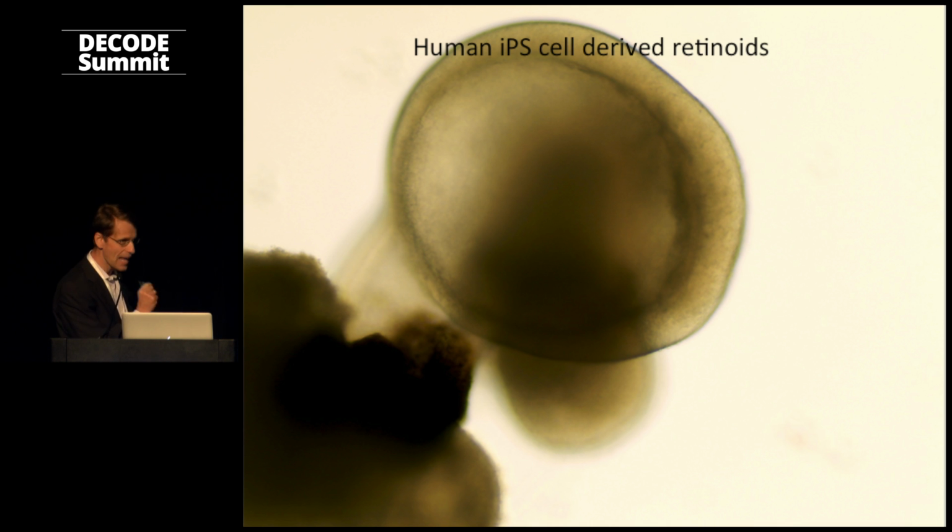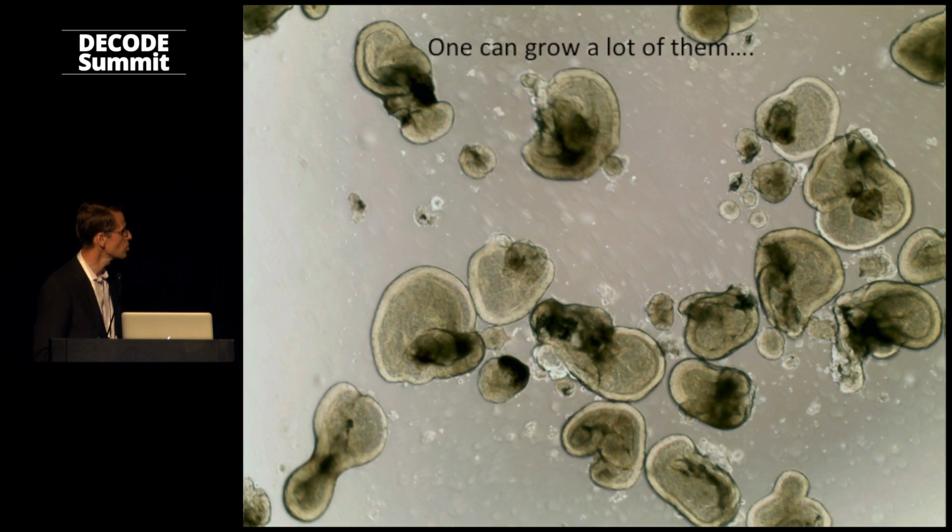But the key point I'd like to make is that you can grow a hell of a lot of these organoids. From a single human, we can grow, let's say, 1,000 retinas or 1,000,000 retinas. This is simply a matter of scaling. What matters a lot is the initial iPS clone. If you get a good clone, you can grow any number of retinas.